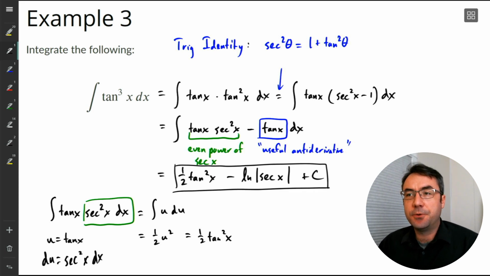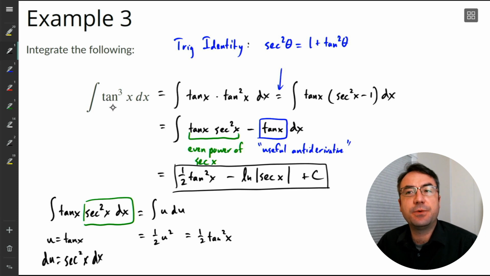So we had this odd power of tangent, but there were no other secant terms. Normally, if we had an odd power of tangent, we would take one of the tangents, take a secant and put it next to the dx. Now the issue, why couldn't we do that here? Well, we don't have a secant to really work with.